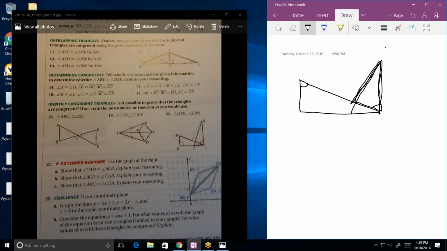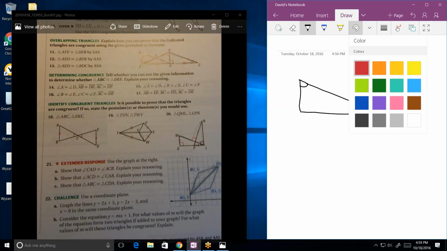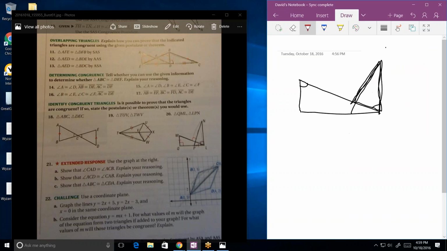These are hard questions. And mainly what tends to be hard in geometry is when you have to view it in a way you're not really looking at it. When I look at this, I'm seeing this triangle and this triangle.